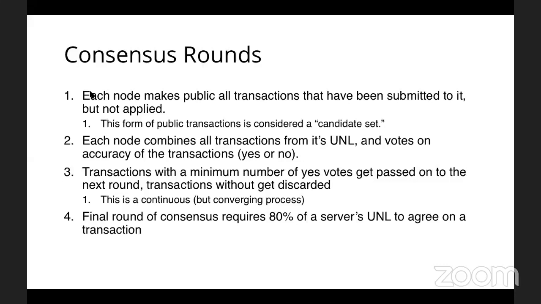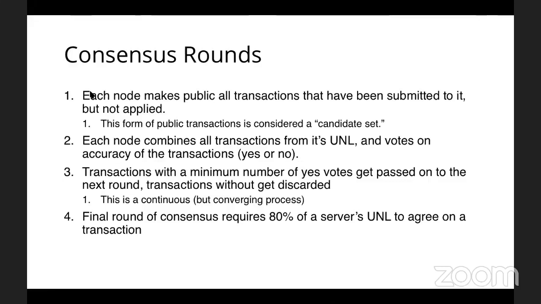So let's say one of these nodes exists on an exchange and they had somebody withdraw. They would have that public transaction and they need to put it out into all the other nodes so we can maintain consensus and everybody agrees on it, which is step 2. You're taking in transactions that you don't currently have from your unique node list, the people you rely on, and you either vote yes or no on those transactions.